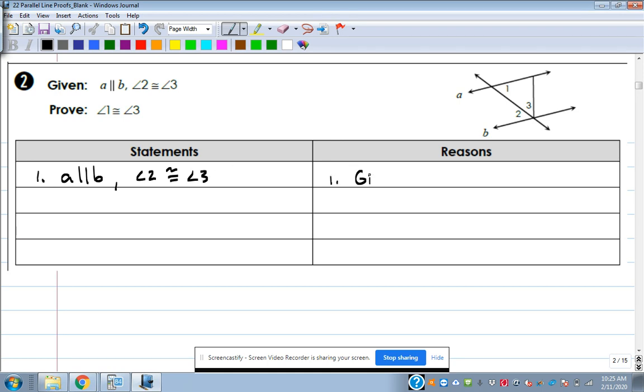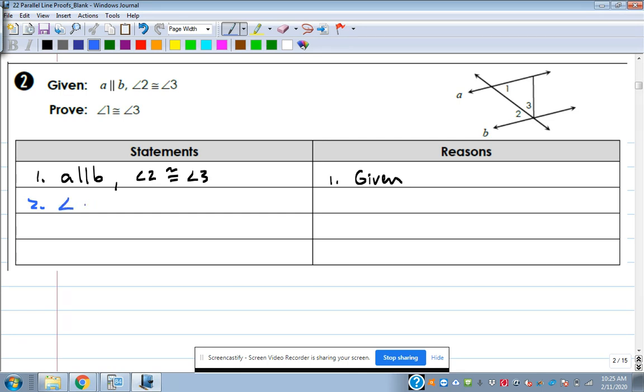Just go ahead and get both of the givens in there. We want to prove that angle 1 is congruent to angle 3.